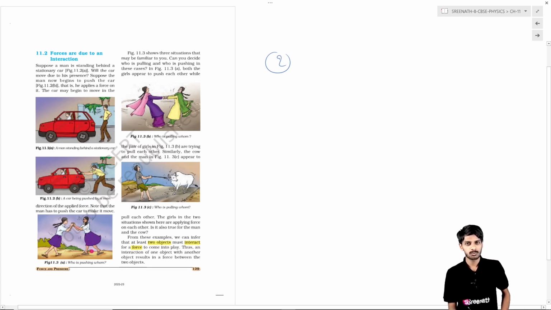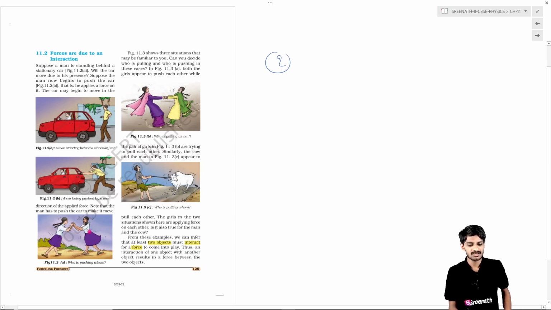Are they pushing or pulling? Who is pushing whom? In this case, one animal and a boy are there. Are the two of them pulling or pushing?